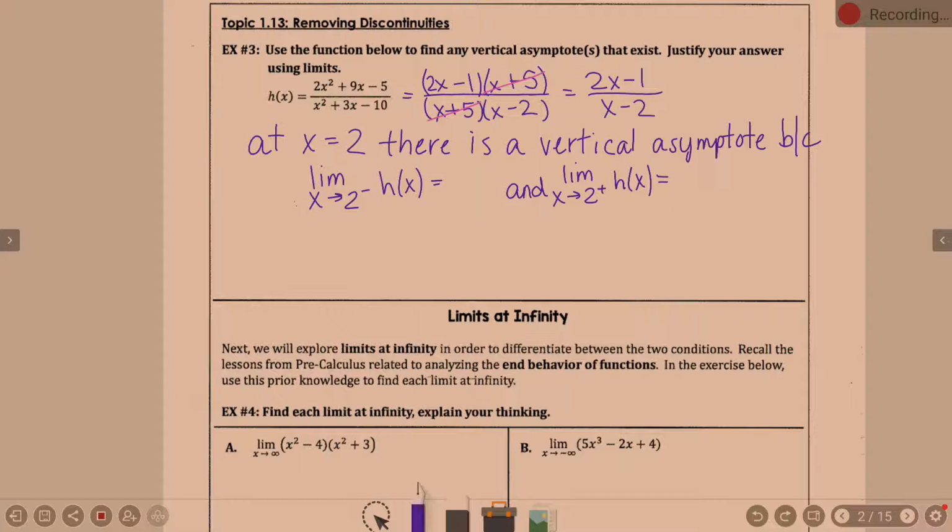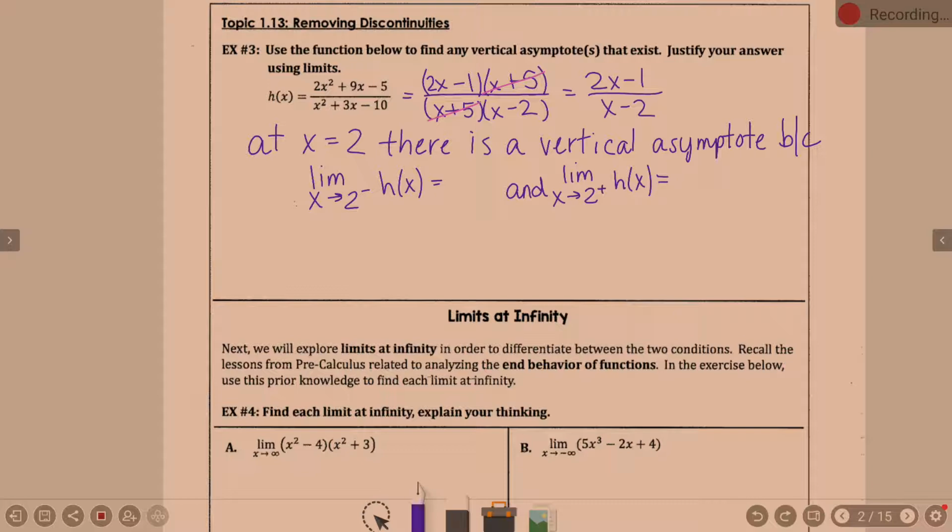Now, without grabbing the calculator, how can we find those limits? Can we plug in something close and think about what happens?